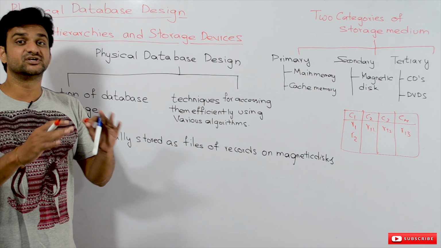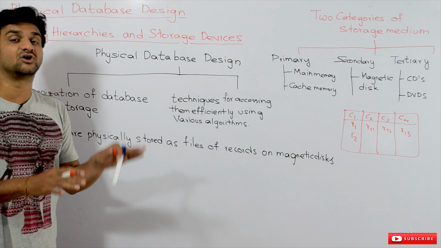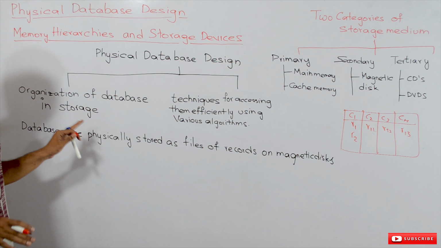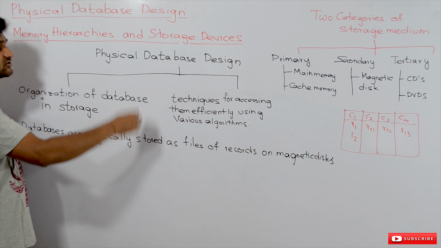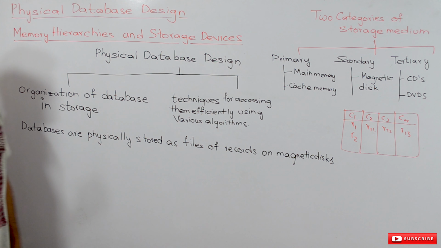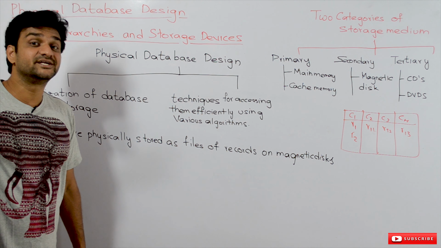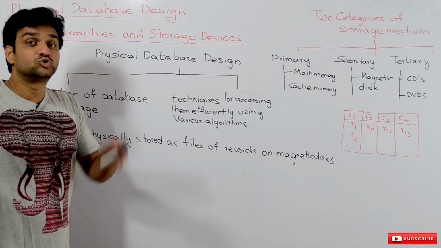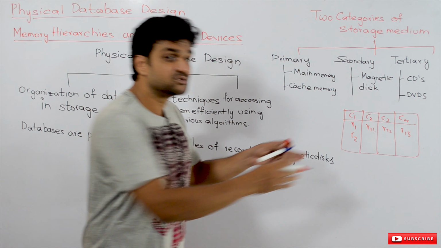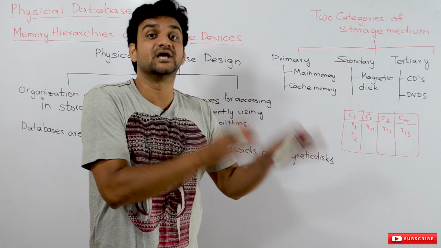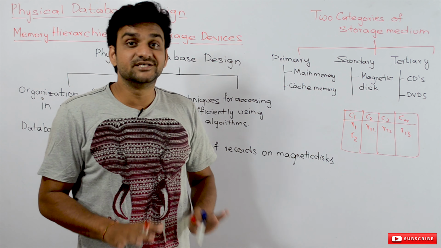There are different data structures that are used for the organization of a database in the storage. We are going to understand what types of data structures are used by the database management system to store these tables onto the memory.